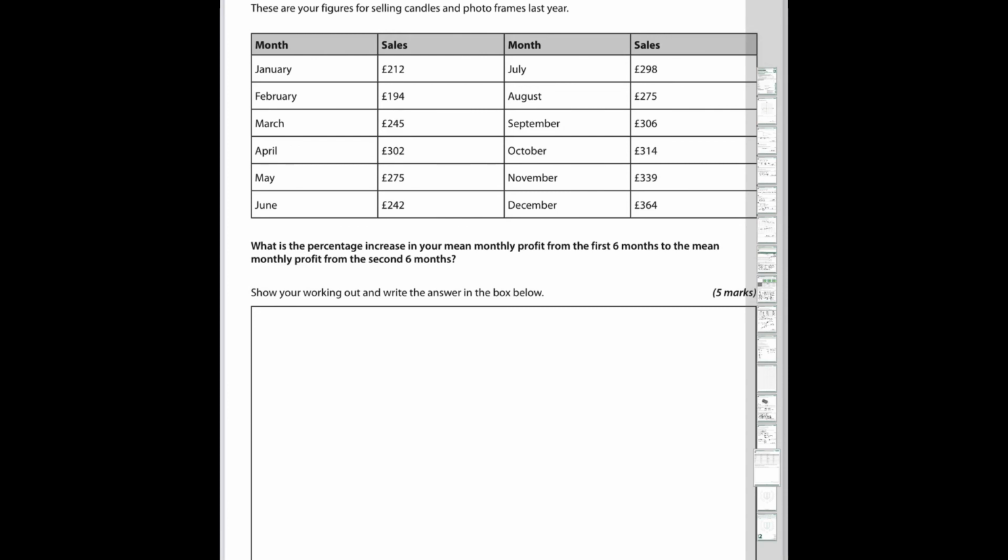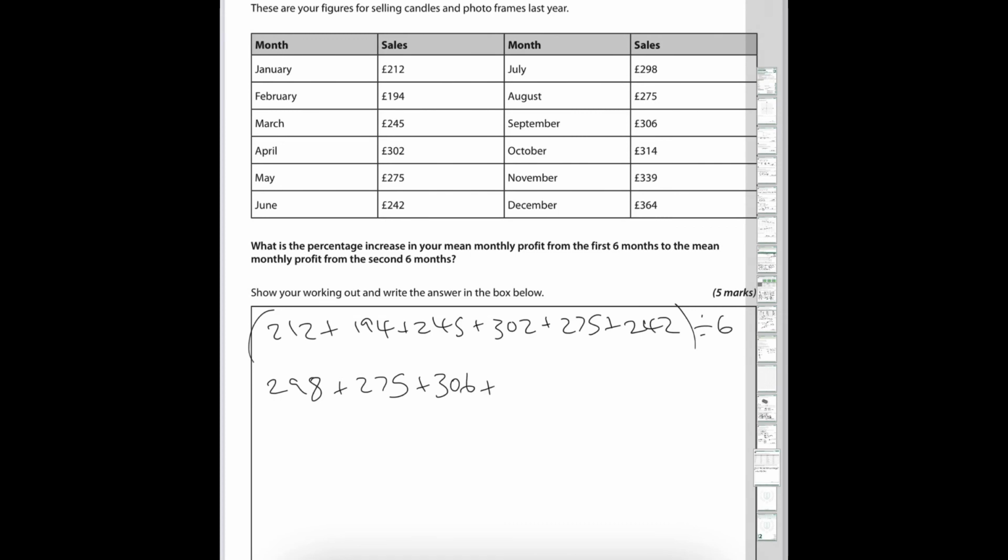So we've got 212 plus 194 plus 245 plus 302 plus 275 plus 242, divided by 6. We then also need to work out 298 plus 275 plus 306 plus 314 plus 339 plus 364, and also divide that by 6.